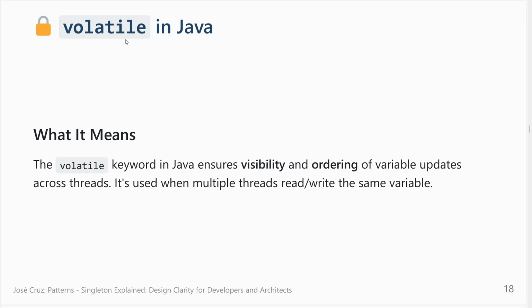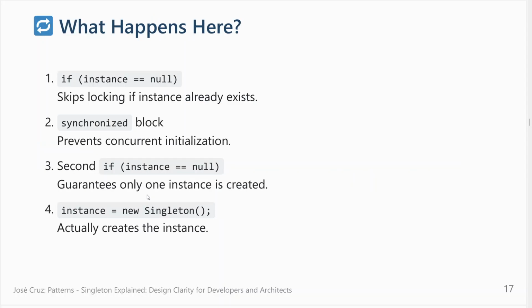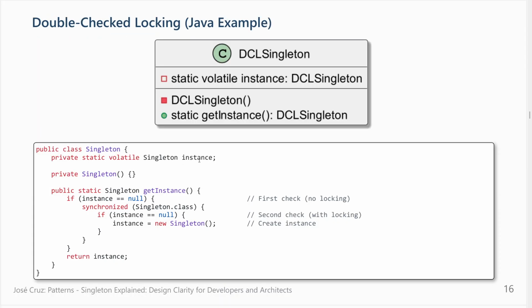But let's talk about volatile, this keyword in Java that sometimes people don't understand. The volatile keyword in Java assures visibility and ordering of variable updates across threads, meaning that when you have volatile on an instance, every time that something wants to change this in a multi-thread environment, it's as if Java put a kind of concurrency over this value.